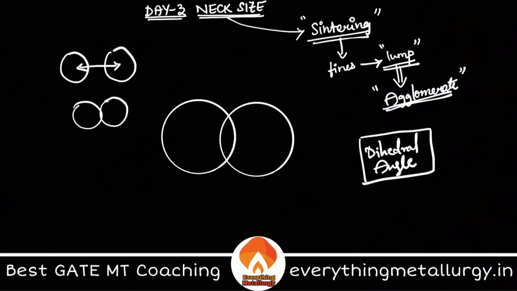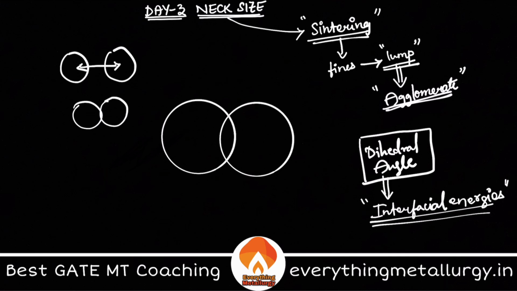This depends on the interfacial, or in simple words, surface energies. Interfacial energies help the particles stick together with this dihedral angle, and the dihedral angle is given by the tangents at this point.